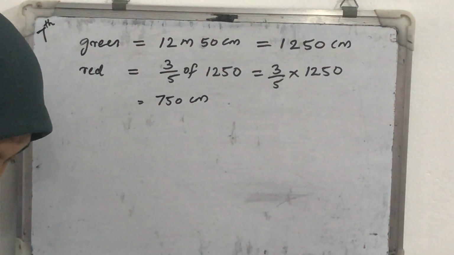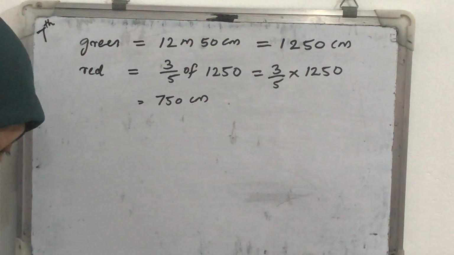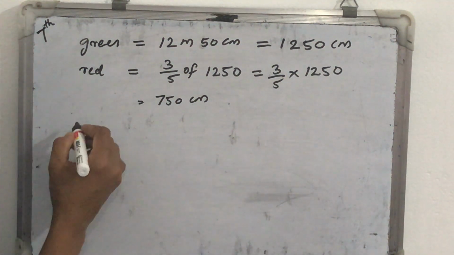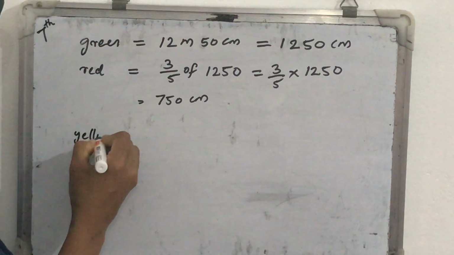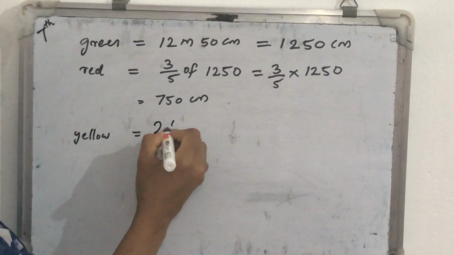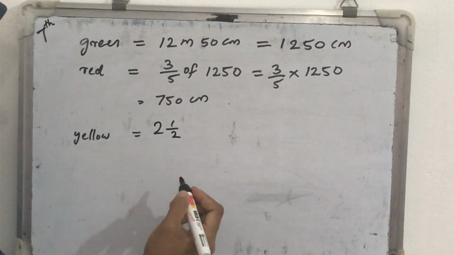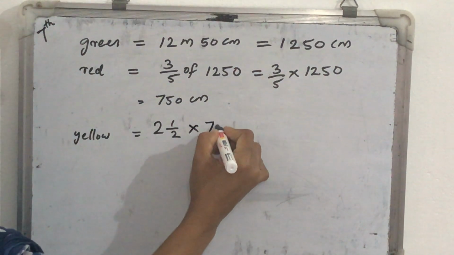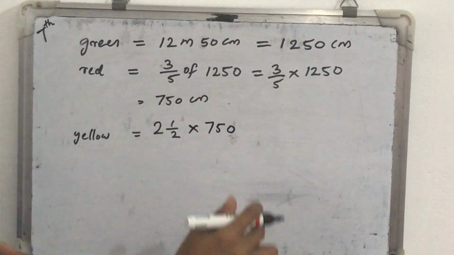Next, again read the question. The yellow ribbon was 2.5 times the red ribbon. So what will be the length of the yellow ribbon? Length of the yellow ribbon equals 2.5 times the red ribbon, 750.